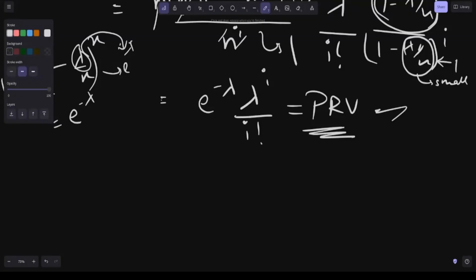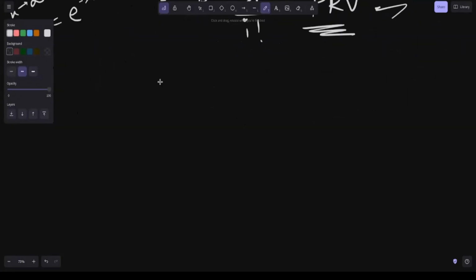Now we were all discussing discrete random variables. Now let's move on to continuous random variables, how they function and the basic things of continuous random variables. So basically there we were using something called the probability mass function.